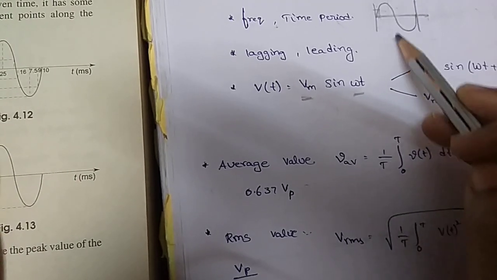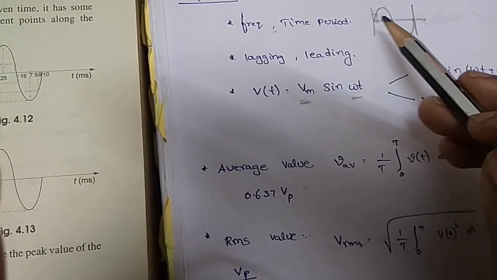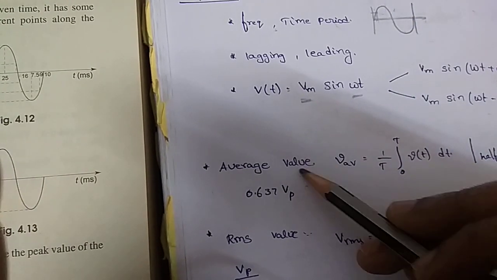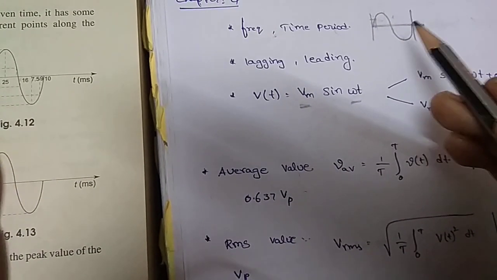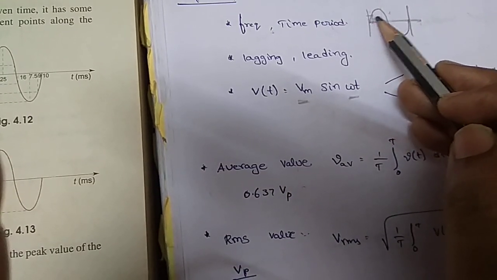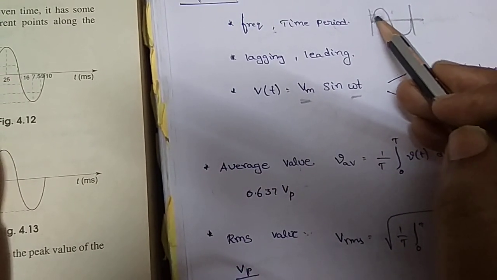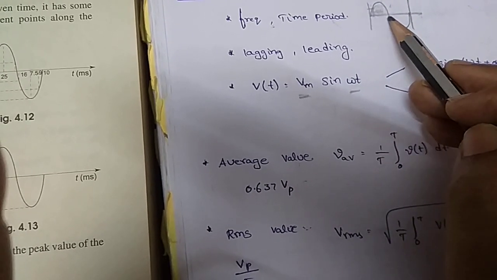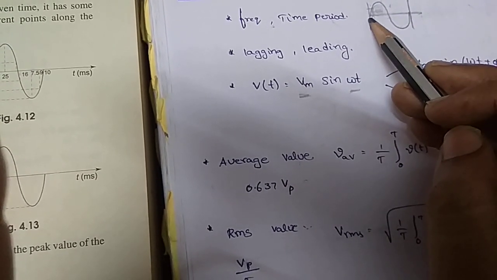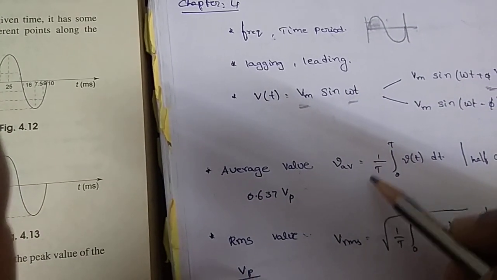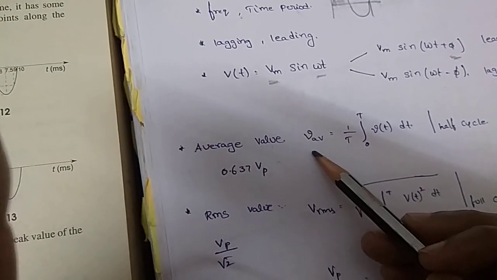For that reason, whatever this average value is, we are talking in terms of the half cycle itself, the half wave. So how much area is covered in this half cycle, divided by how much distance it covers, that we use to calculate your average value.